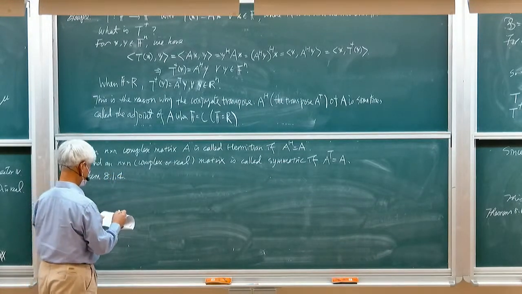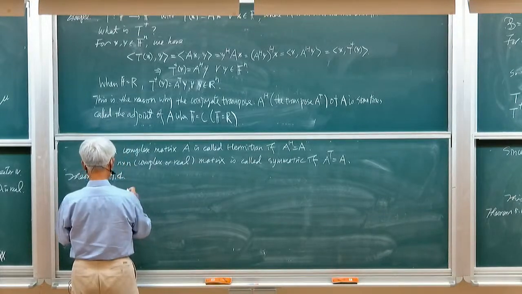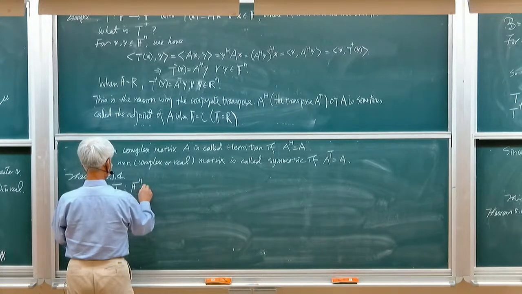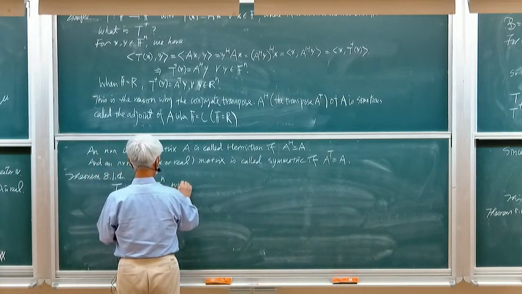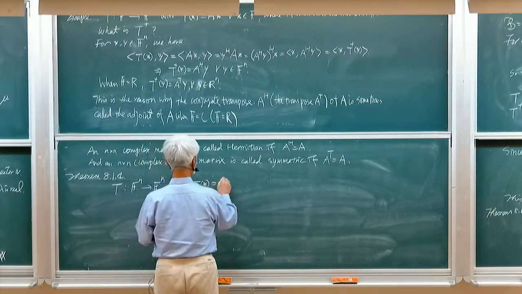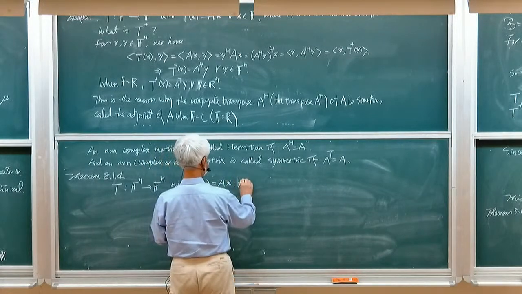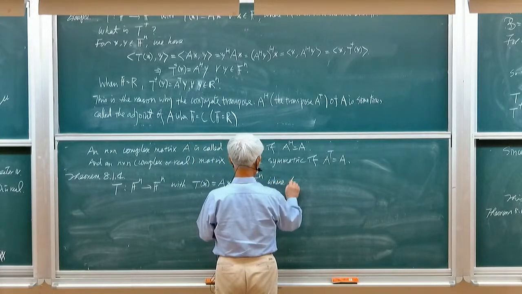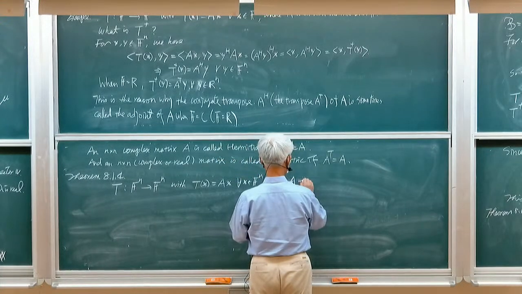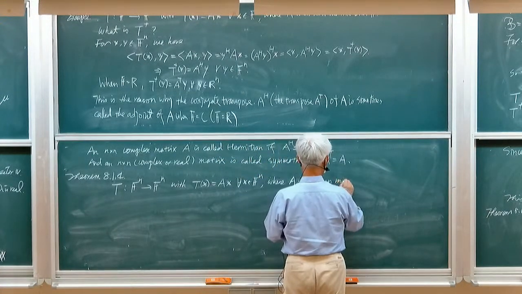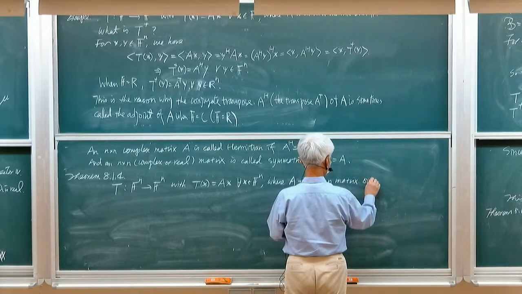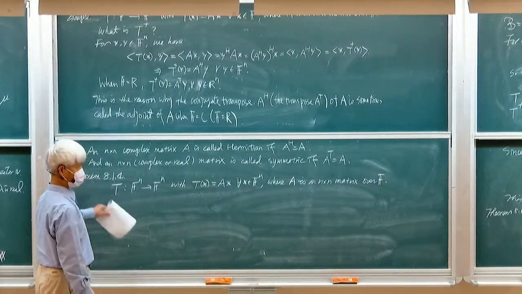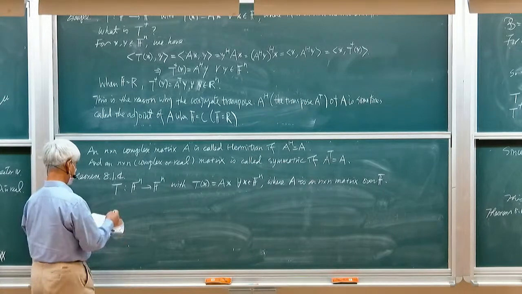Now, let T be a linear operator, where A is an n times n matrix over F. Typically T is a linear operator on the Euclidean space.